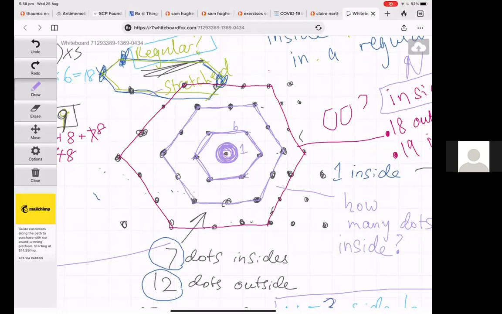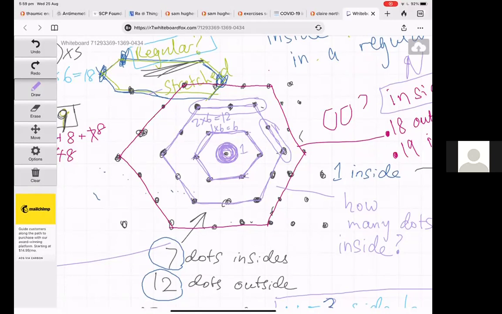So 4, and then there's 3. So 3 times 6, 18. Not 3, but remember we have to take 1 away. Yeah, that's 2. Oh, so it's 2 times 6, right? Yeah, 12. So 2 times 6 equals 12. And this one was 1 times 6 equals 6.